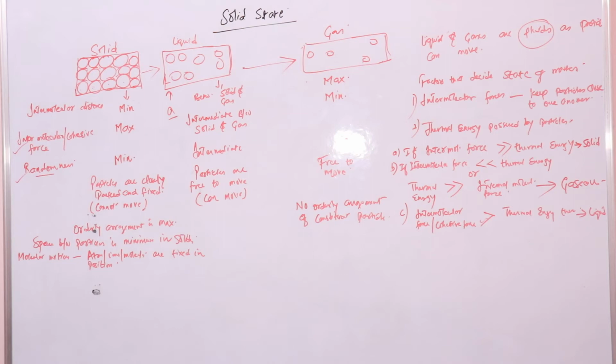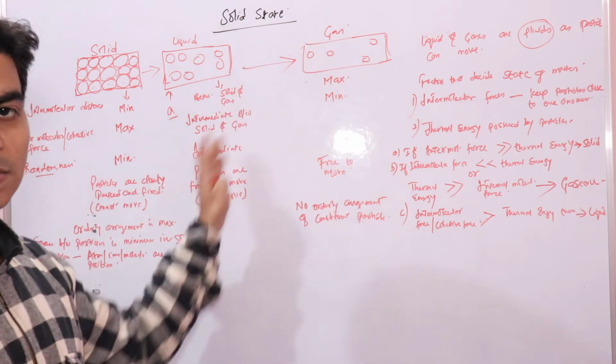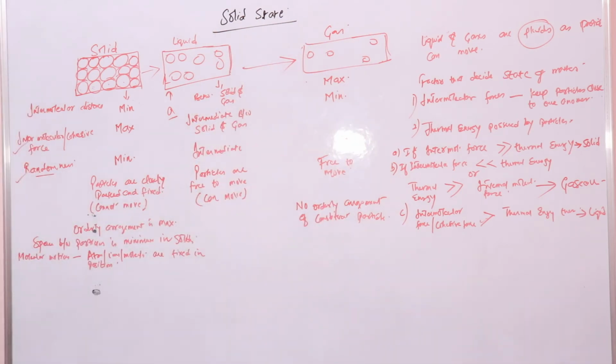They do not move. That is why solids are not fluids, whereas liquids and gases can move, so they are classified as fluids, right? Then, definite shape and volume.